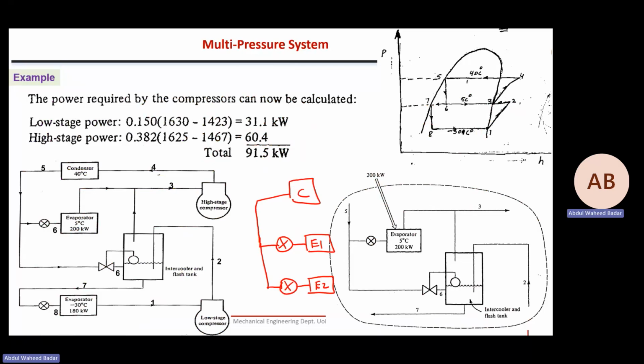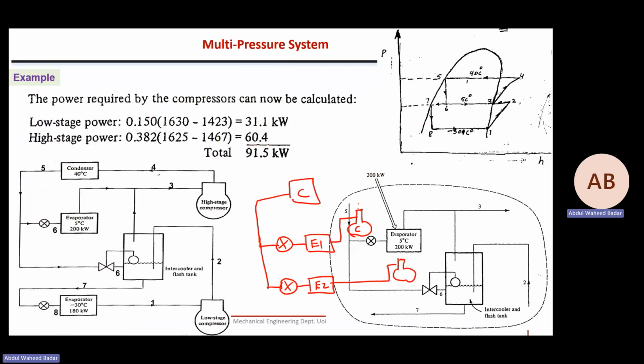The second part is saying both evaporators have their separate, exclusive compressor. So this evaporator is sending its fluid to this compressor, and this evaporator is sending its fluid to a separate compressor. Both are not linked to each other in any way, like in the earlier question.